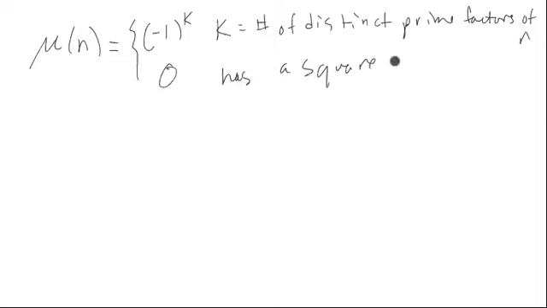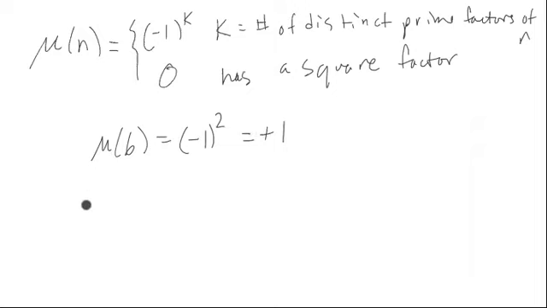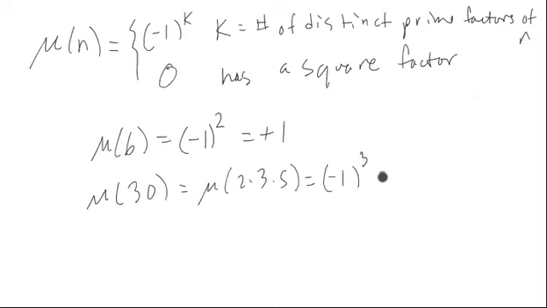So for instance, let's take mu of 6. 6 is 2 times 3. There's 2 prime factors, so this is (-1)^2, +1. If we take mu of 30, this is equal to mu of 2 times 3 times 5, which is (-1)^3, which is -1.